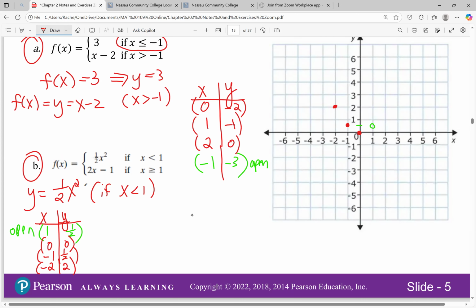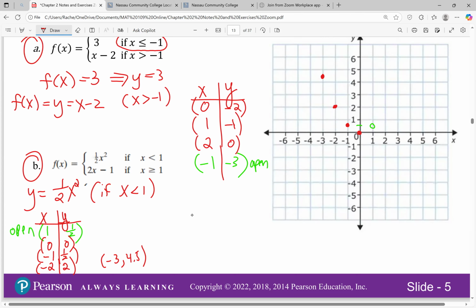And so on and so forth. We could do one more point, like -3. Plug it into 1/2 times -3 squared. -3 squared is 9. 1/2 of 9 is 4.5. So we would have the point (-3, 4.5).